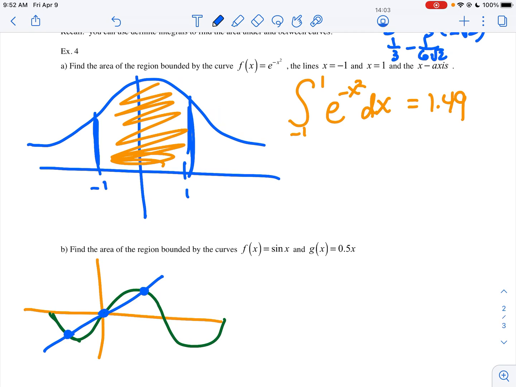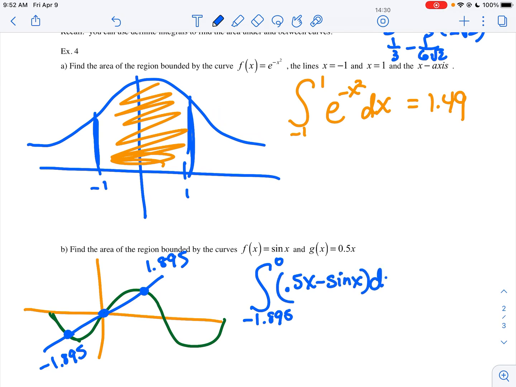All right, so first find those intersection points for me. Okay, I got 1.895 and negative 1.895. So there was nice symmetry there. So from negative 1.895 to 0, the line is on top. And then from 0 to 1.895, the sine x is on top.